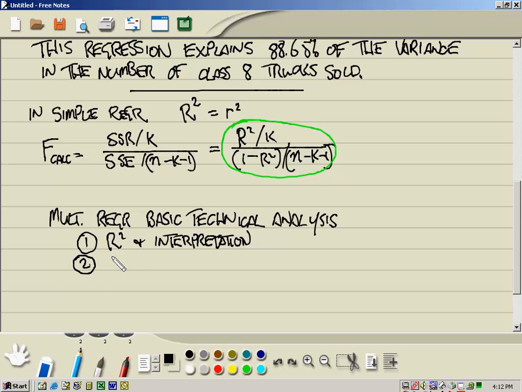After that, we'll then do the f-test for the significance of the regression.